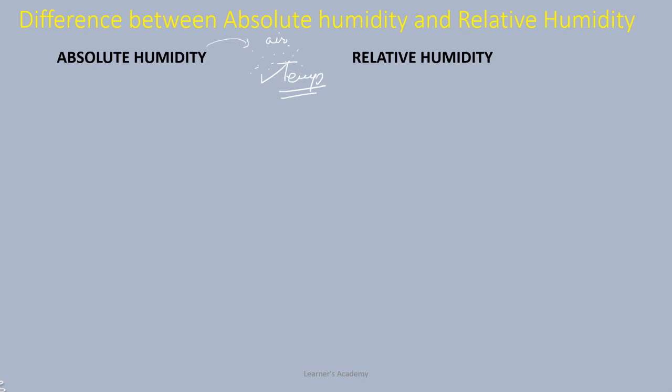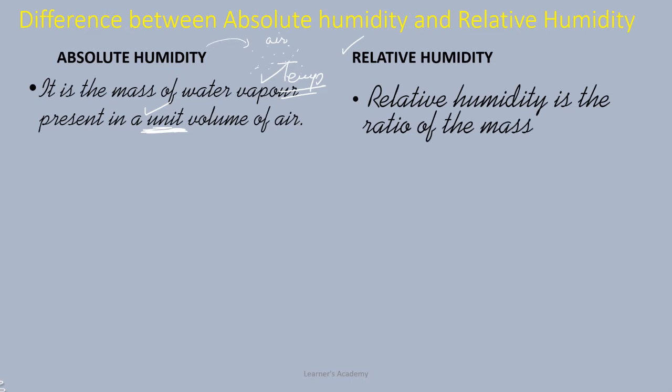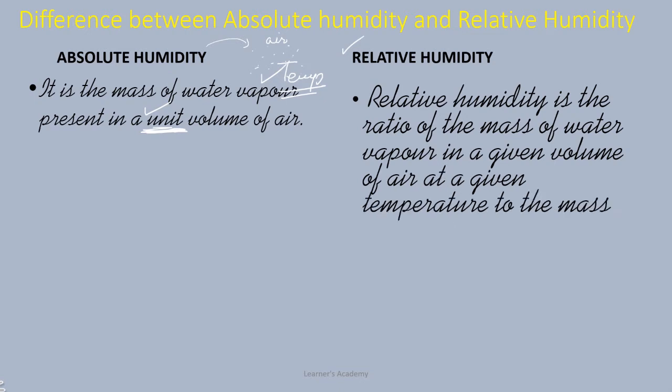Now, absolute humidity, it is the mass of water vapor present in a unit volume of air. On the other hand, relative humidity is the ratio of the mass of water vapor in a given volume of air at a given temperature to the mass of water required to saturate the same volume of air at the same temperature.